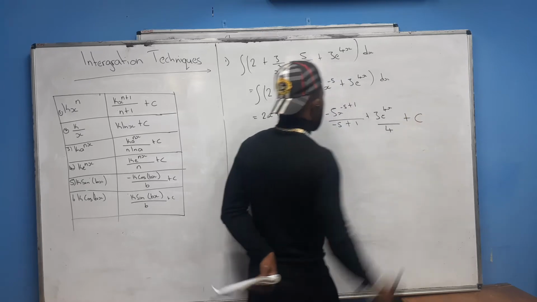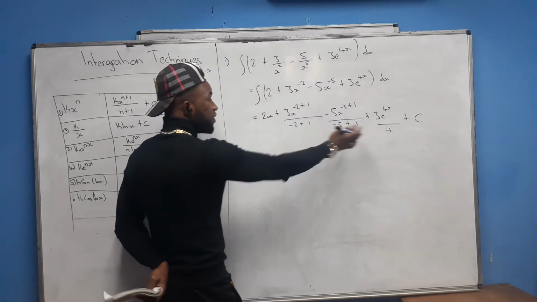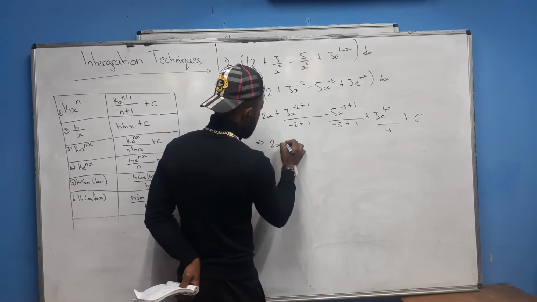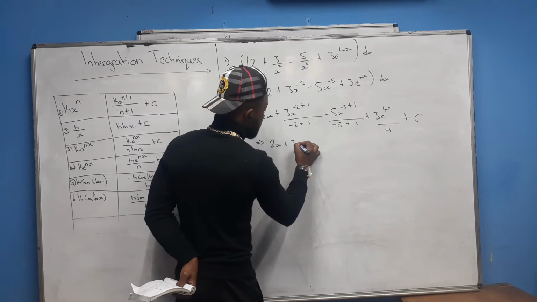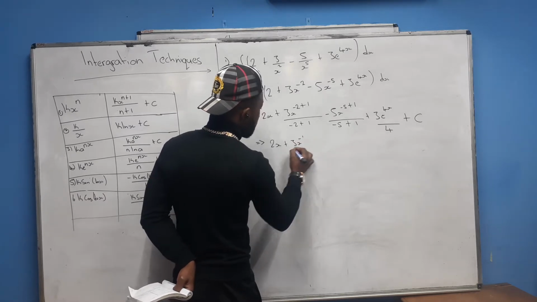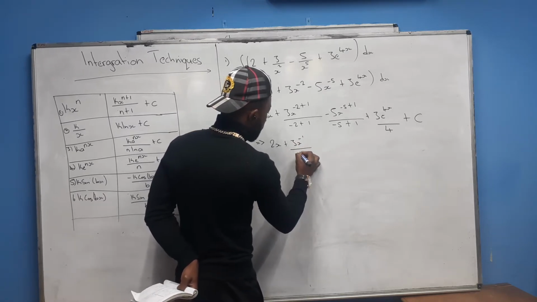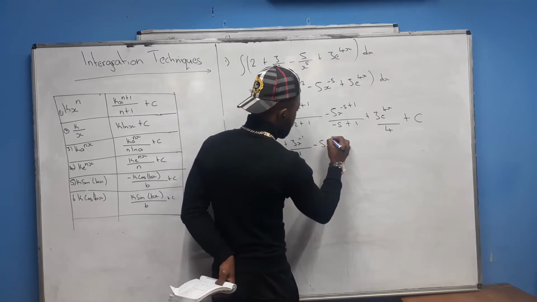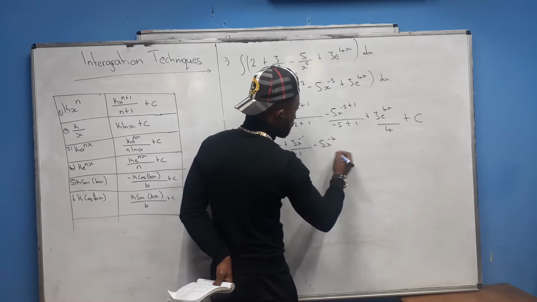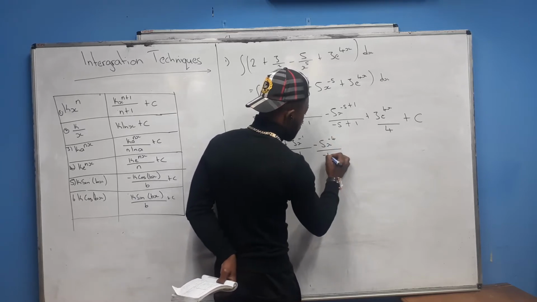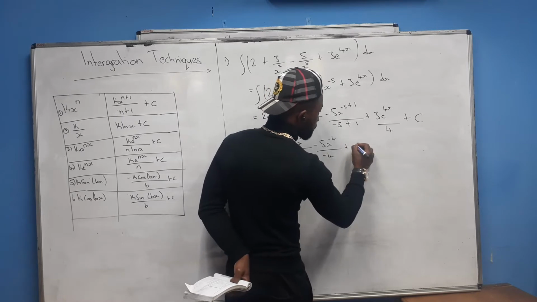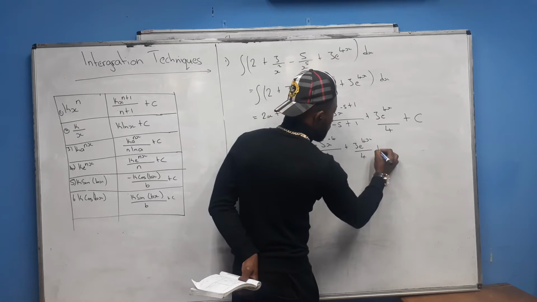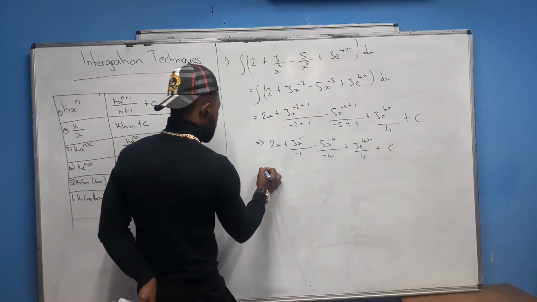To show that I've integrated, I put plus c. Remember I can simplify this, which is going to be 2x plus 3x to the power negative 1 divided by negative 1, minus 5x to the power negative 4 divided by negative 4, plus 3e to the power 4x divided by 4 plus c.